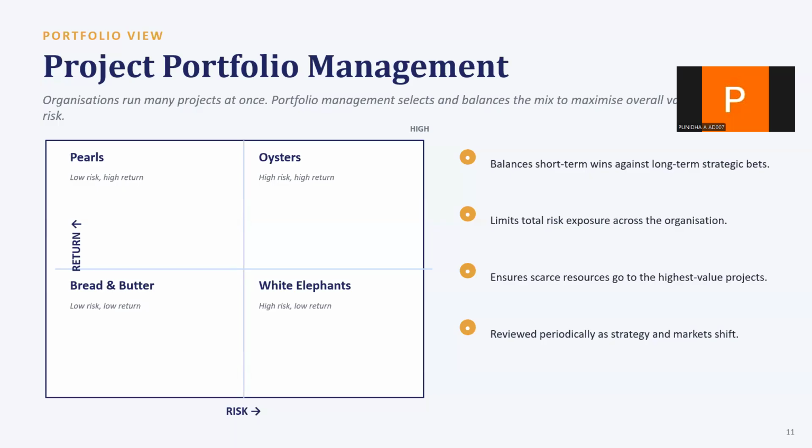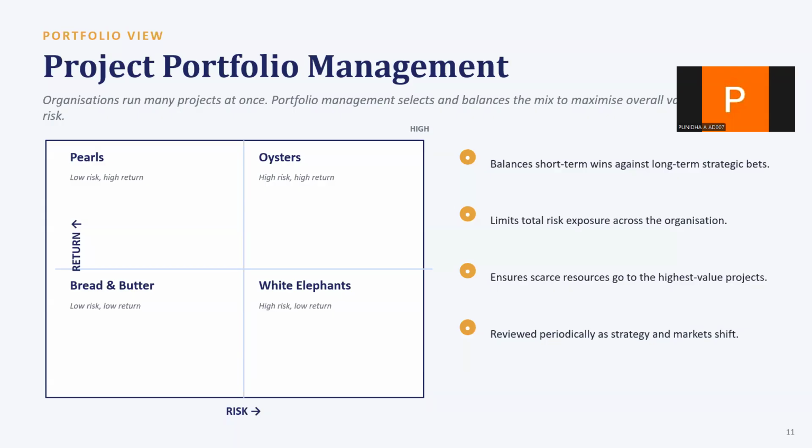Project portfolio management. Zooming out even further, most organizations aren't running just one project, they are running many at once. That's where portfolio management comes in: selecting and balancing the mix of projects to maximize overall value versus risk. There is a really useful 2 by 2 model here based on risk and return.